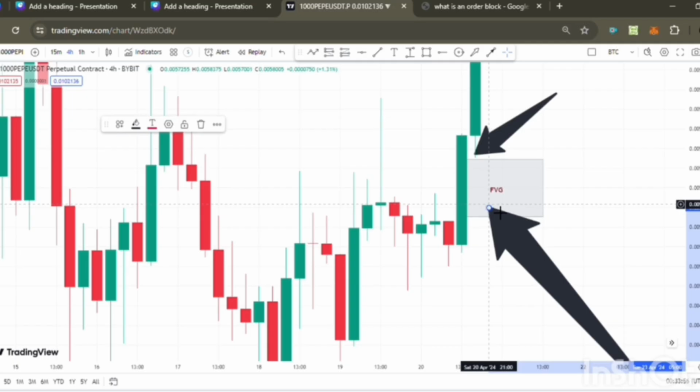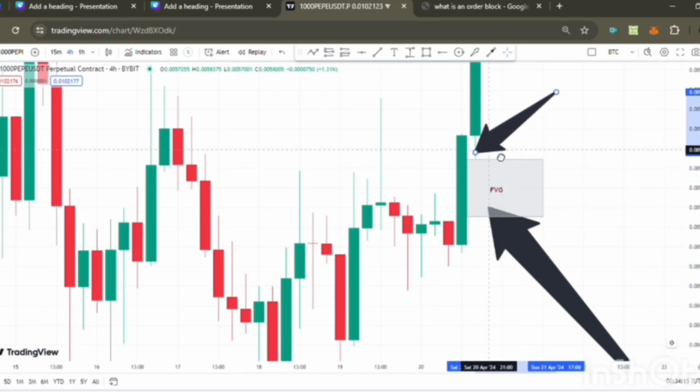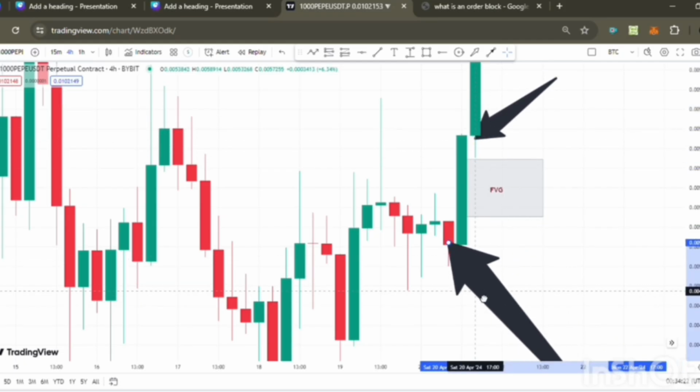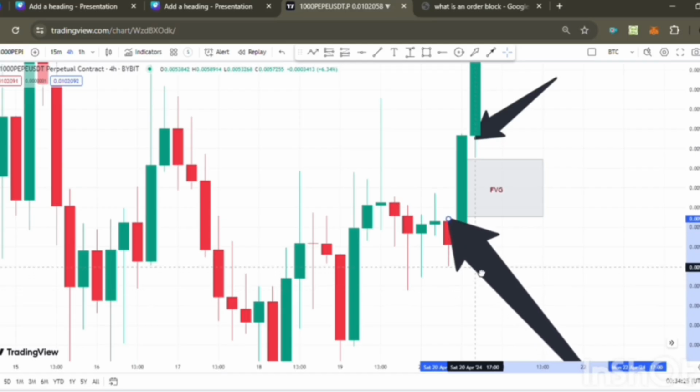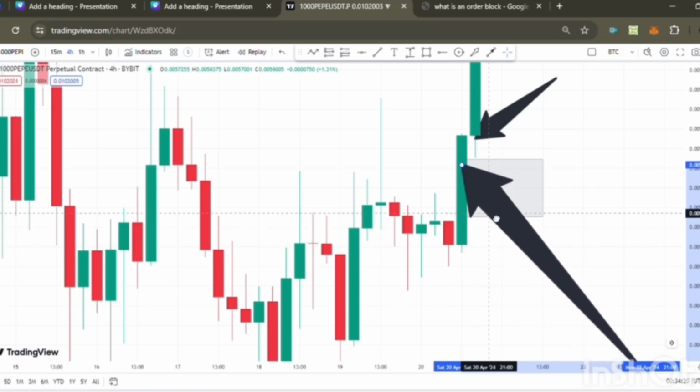Now, the third rule, I think I've mentioned the first rule. The third rule here states that it must be unmitigated. Now, unmitigated means that, I think I've explained this, the lower wick of the third candle, which is this bullish candle, and the higher wick of the bearish candle must not completely cover the second candle, which is the middle candle.